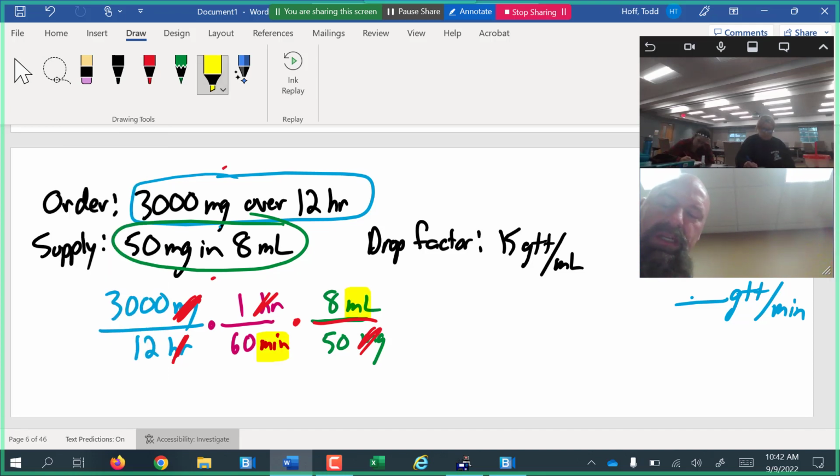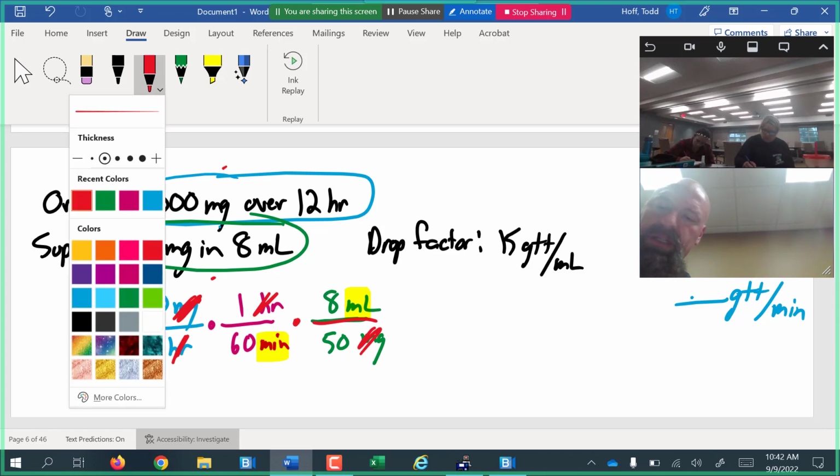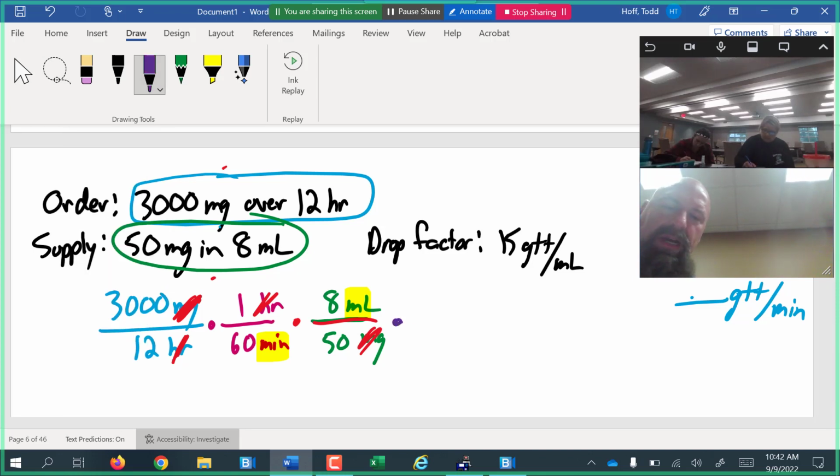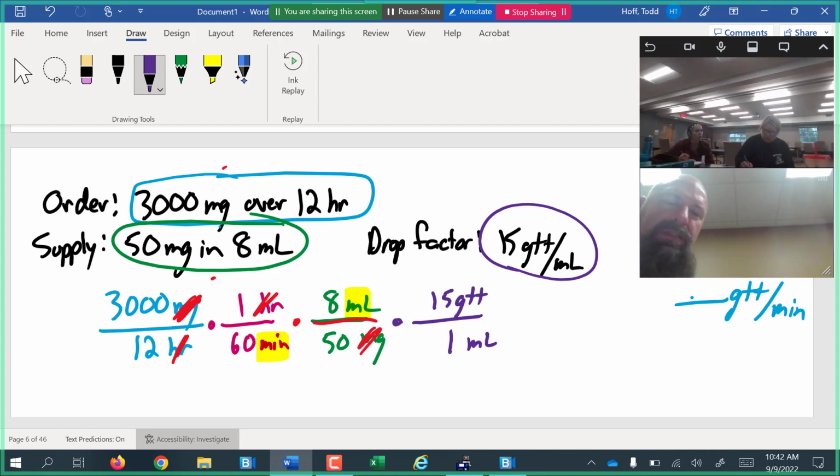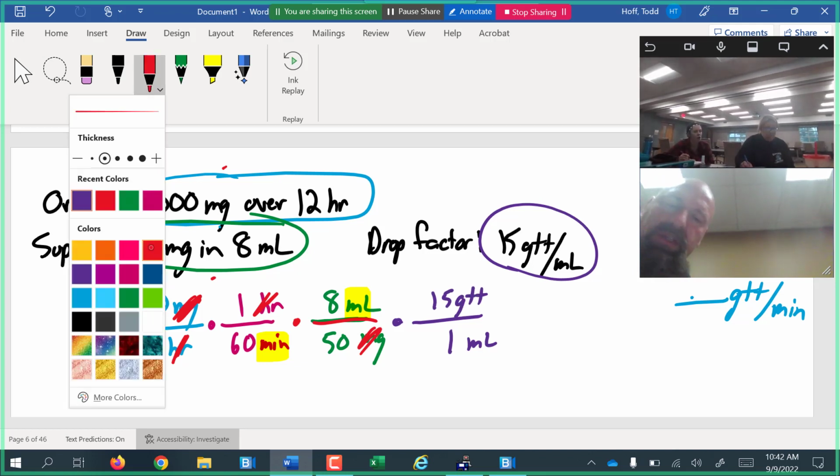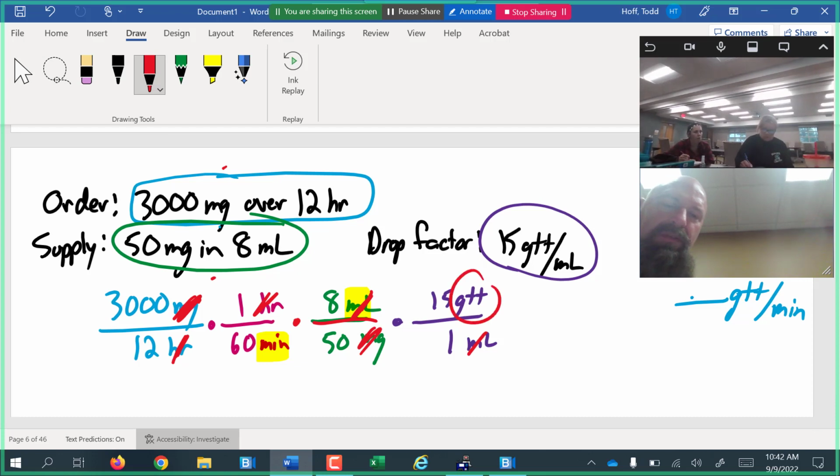We want to get that to drops per minute. What equates milliliters and drops is the drop factor. So we'll put milliliters on bottom, and remember, that means 1 milliliter is equivalent to 15 drops. So the milliliters cancel out, and we now have drops per minute.